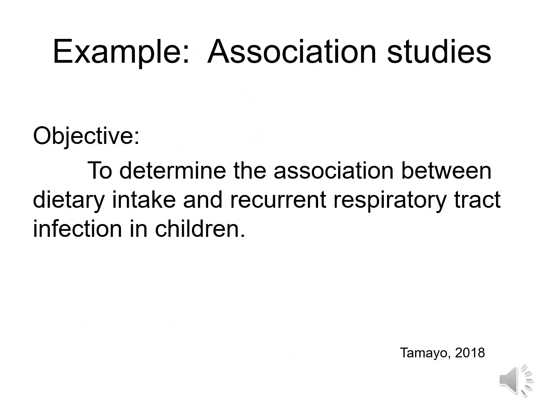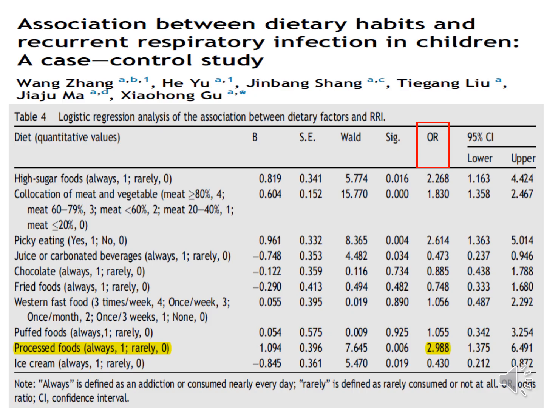This example provides sample size computation for association studies with the objective of determining the association between dietary intake and recurrent respiratory tract infection in children. The journal provides an odds ratio of 2.988 on the association between processed food intake and recurrent respiratory tract infection in children.